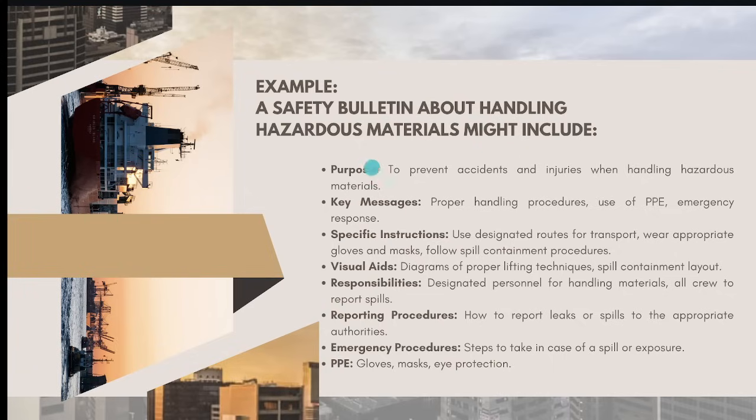So there will be the subject, the body, the message of the bulletin, the specific instructions, and also the person assigned, who has more knowledge and skills in handling these kinds of scenarios.